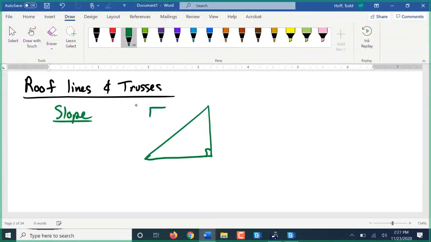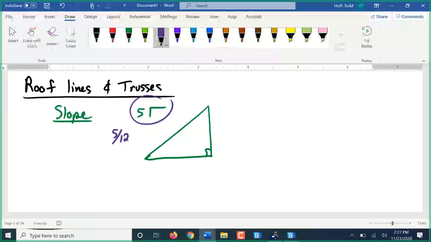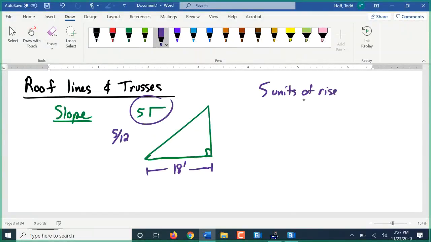If it is noted like this, that symbol means that this is a 5/12 slope, which means, let's say this is 18 feet here, span, that 5/12 slope means that there's 5 units of rise for every 12 units of run.